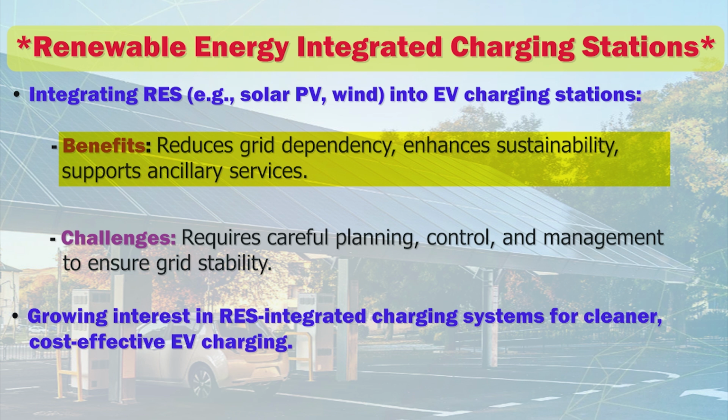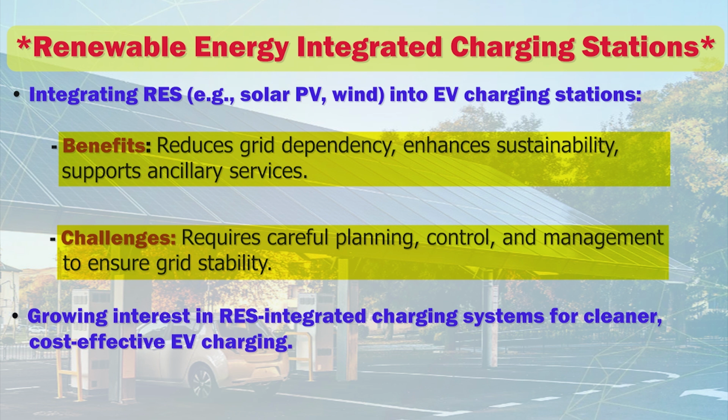Power quality issues can be taken care of by using these converters, DC to AC converters, which can take care of power factor correction and reactive power compensation. Challenges: it requires careful planning, control, and management to ensure grid stability.